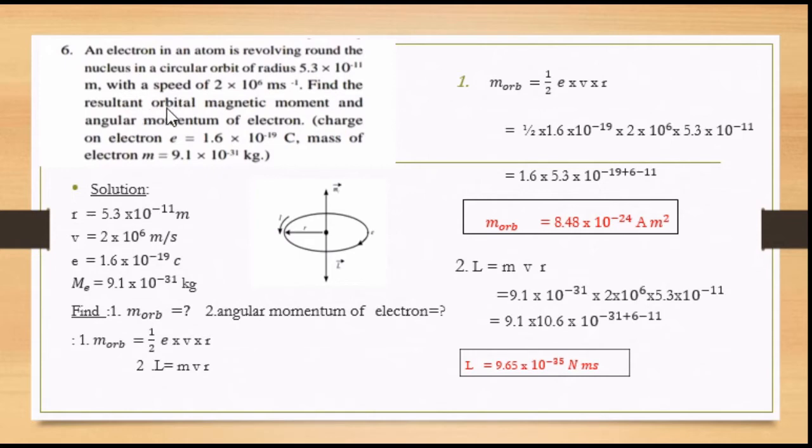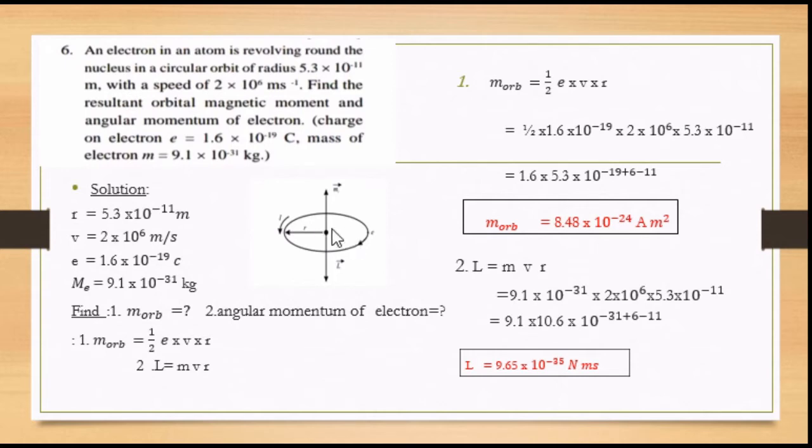Find the resultant orbital magnetic moment and angular momentum of the electron. Charge on electron is given, which is 1.6 × 10^-19 coulomb, and mass of electron m is equal to 9.1 × 10^-31 kg.